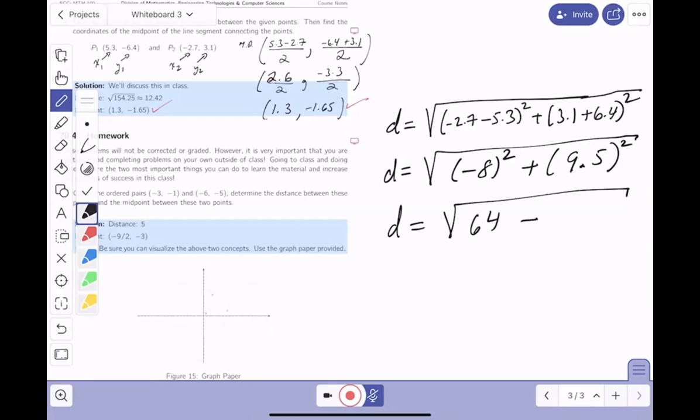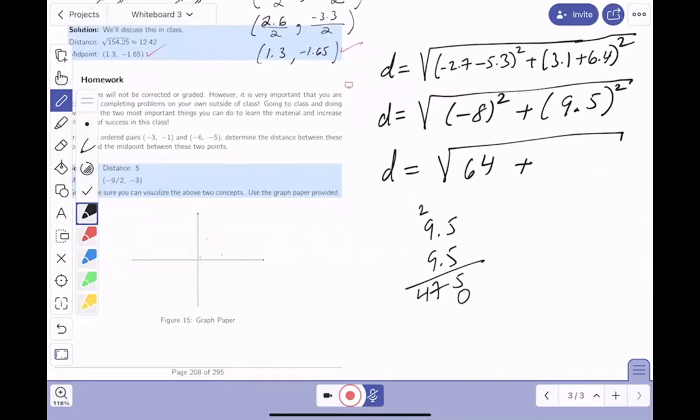64. Let me do the 9.5 squared, by the way. Let's see, 5 times 5 is 25. 5 times 9 is 45, 46, 47. Boy, 9 times 5 is 45. 9 times 9 is 81, 85.